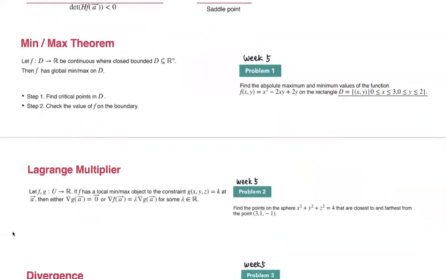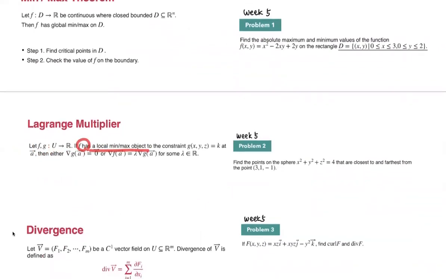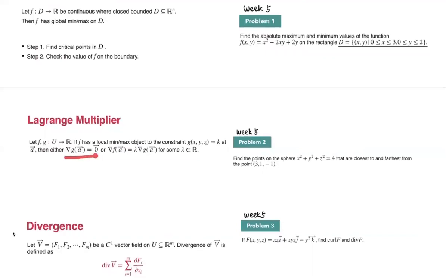And the Lagrange multiplier says that if f and g are functions and we want to find the local minimum and maximum with the constraint here, then either gradient g is 0 or gradient f is equal to lambda times gradient g.